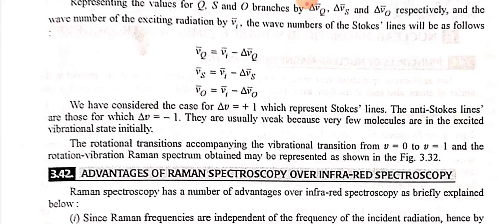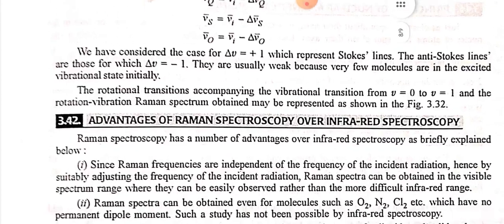These are usually weak because very few molecules are in an excited vibrational state initially. The rotational transitions are accompanied by a vibrational transition from nu equal to 0 to nu equal to 1, and the rotational-vibrational Raman spectrum obtained may be represented as follows.